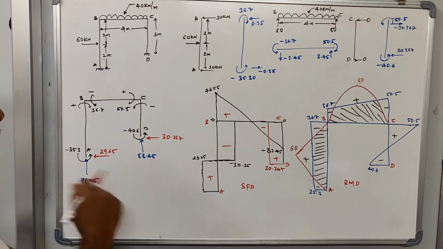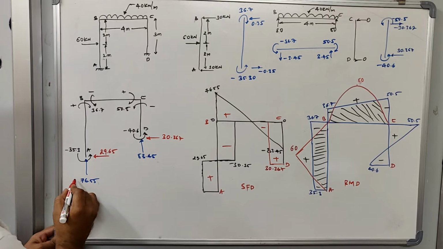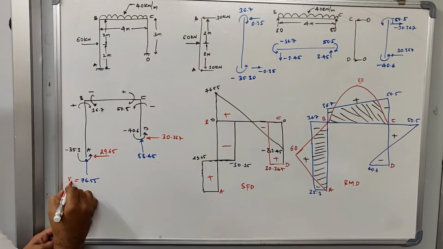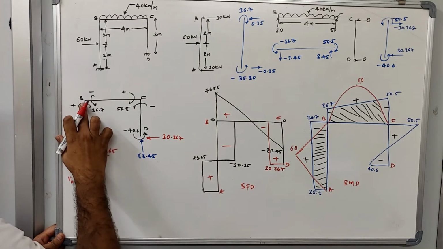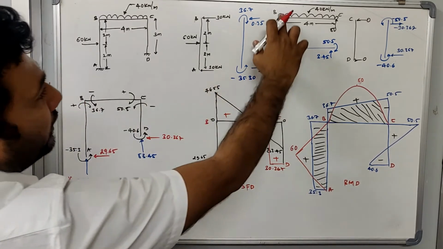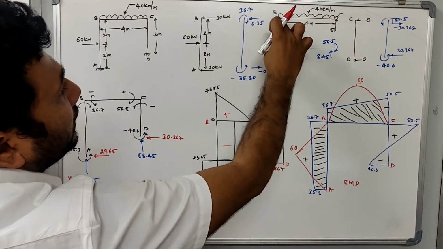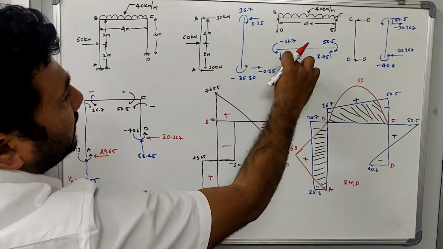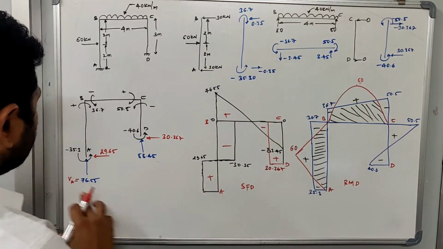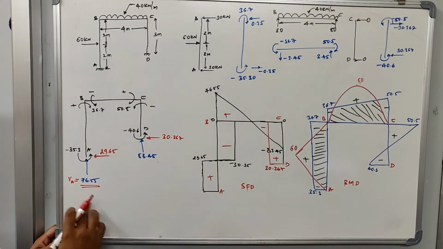Now if you want to know VA, the vertical reaction at joint A, we need to calculate the reaction coming at joint B. So at joint B, the vertical reaction is 80 minus 3.45, which is equal to 76.55.